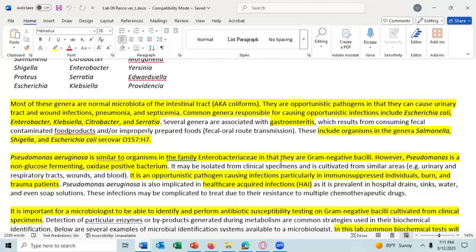It does not cause any infection when it is growing in the gut. Obviously, if it's growing elsewhere, it could cause an infection, but normal E. coli does not cause stomach flu or gastroenteritis. However, E. coli serovar 015787 is a human pathogen that causes gastroenteritis.